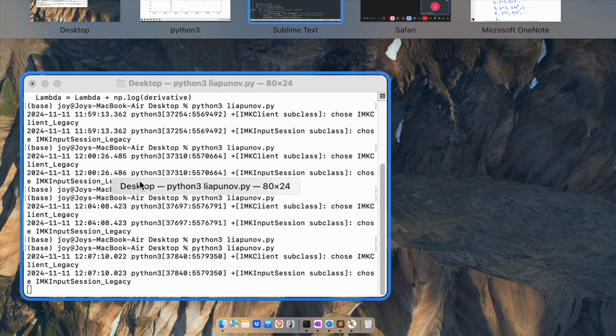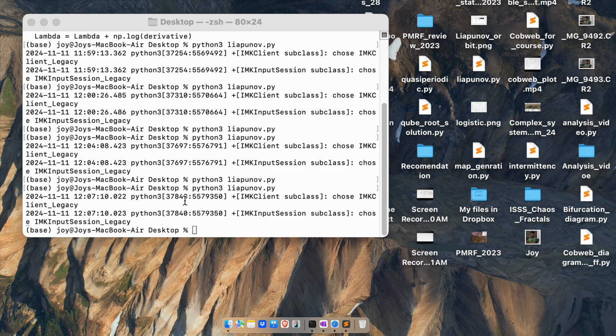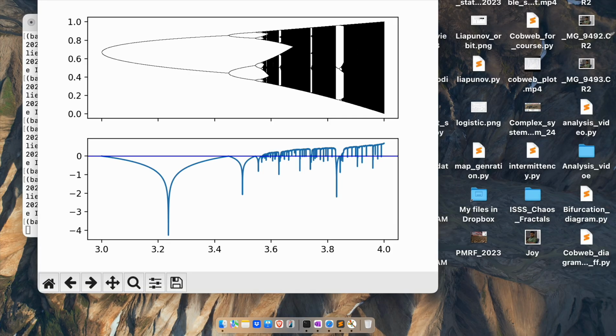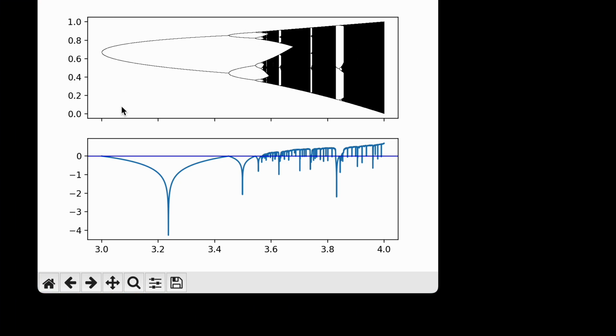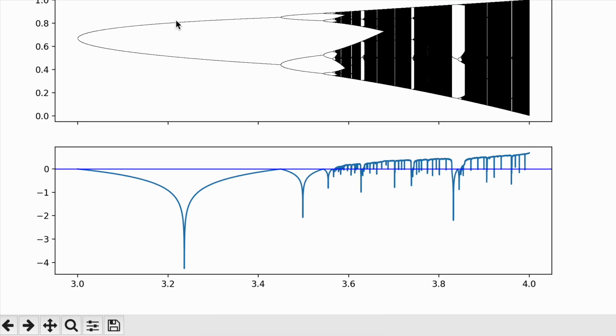Let me show you. Okay, this is quite long. So it is for the logistic equation. You see, now let's first count. First there is 1, then 2, then 4, it is quite right.